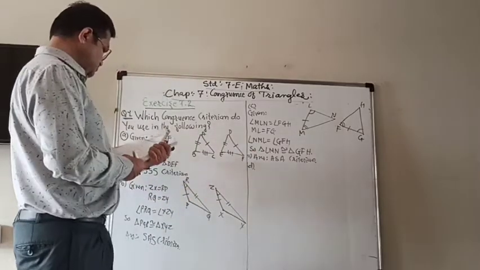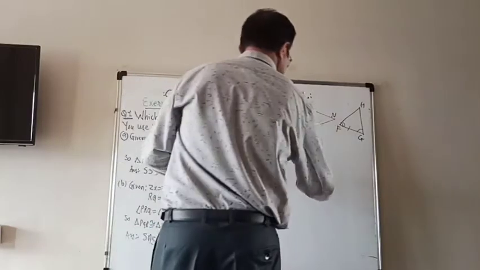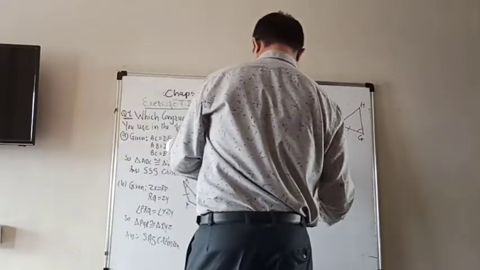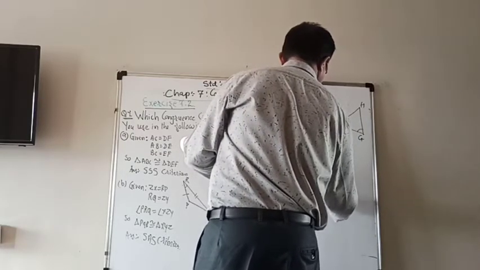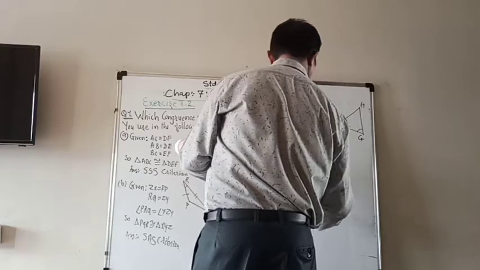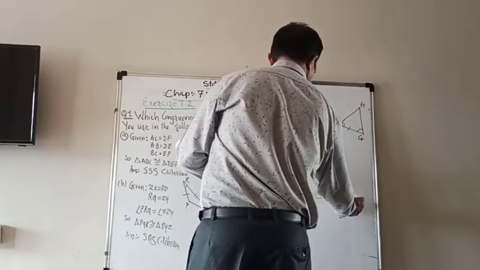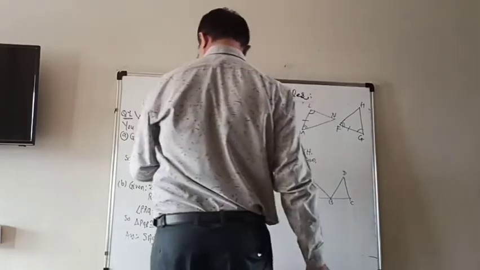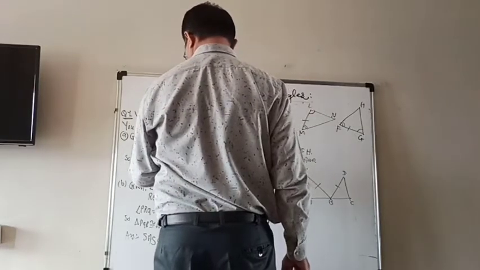Now the last situation. In the last situation, the two triangles are joined to each other. A, B, C, D and E. Also, the signs are given already.